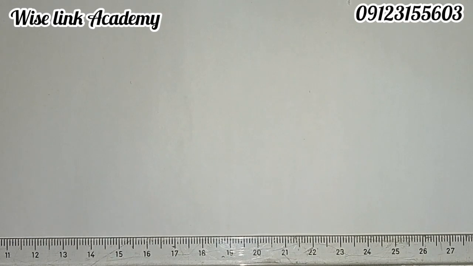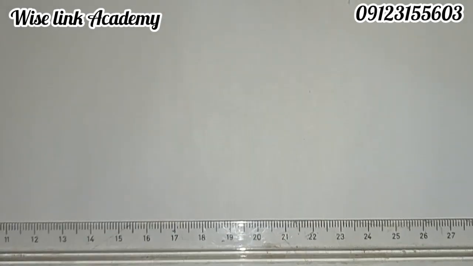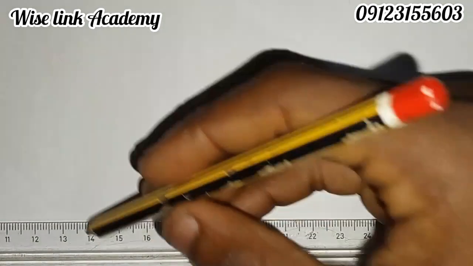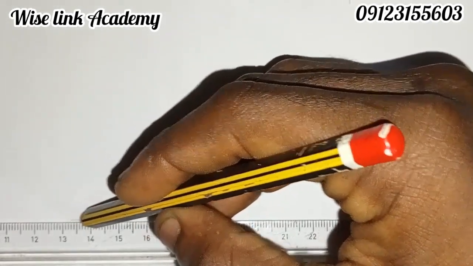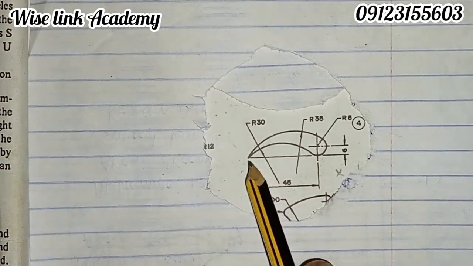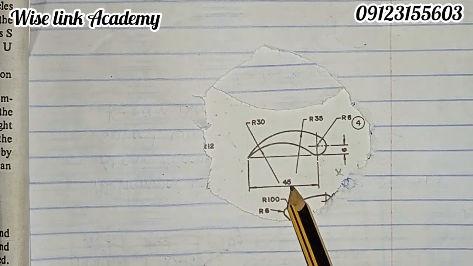So now using your T-square, you draw a horizontal line. You can see our horizontal line. Now what do you observe from that question? They said that from this point to this point is 45.